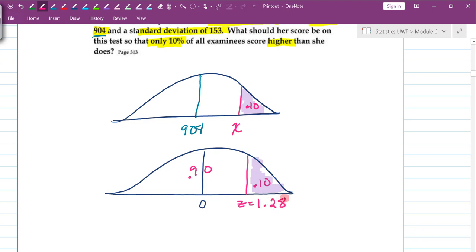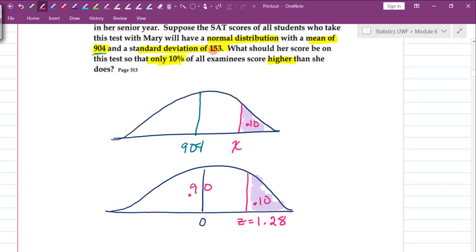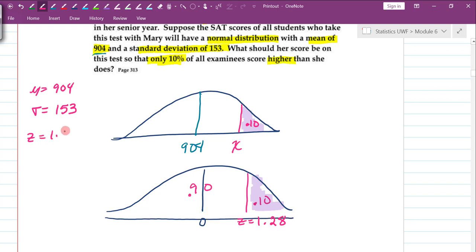So what do I know? I know what my mean is, and I know what my standard deviation is. We know that mu is equal to 904, sigma is equal to 153, and z is equal to 1.28.